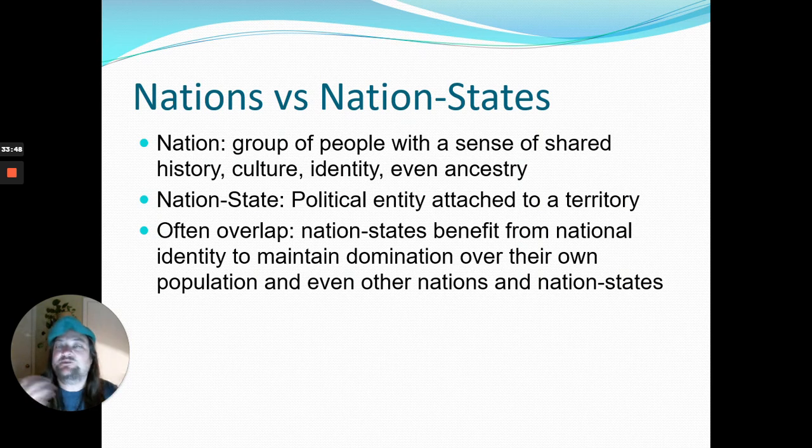Sometimes we tend to think that way, but if you've traveled at all, you might know that when you get to border areas, people on two sides of a border might be more similar to each other culturally and linguistically than people elsewhere in their nation state. So if you go close to the border of France and Germany, for example, you'll have these little border towns where things are a little bit different than they are elsewhere in France or elsewhere in Germany.